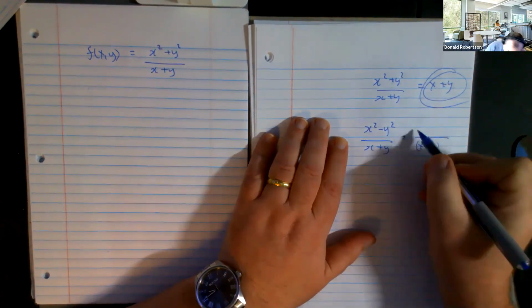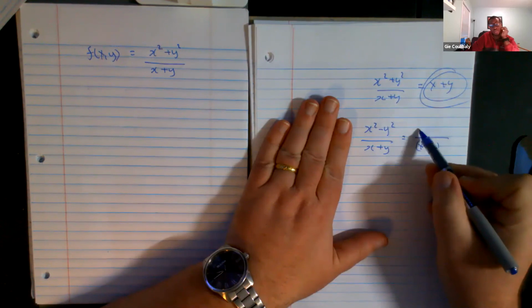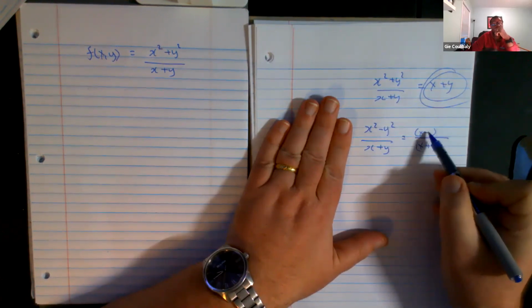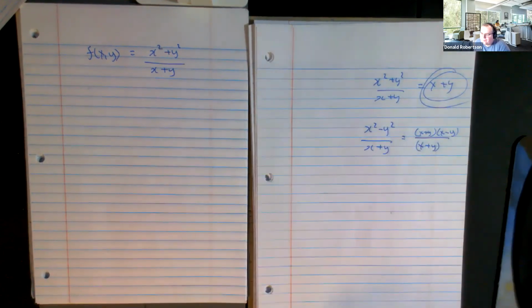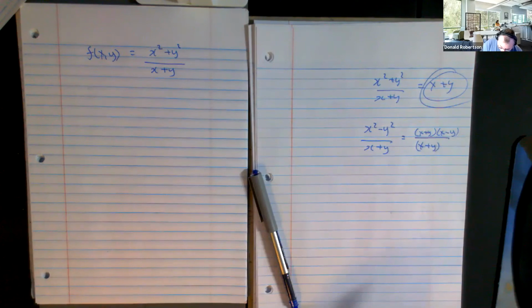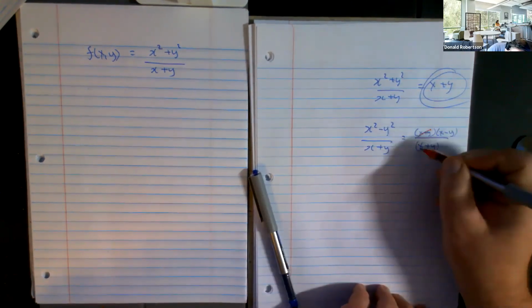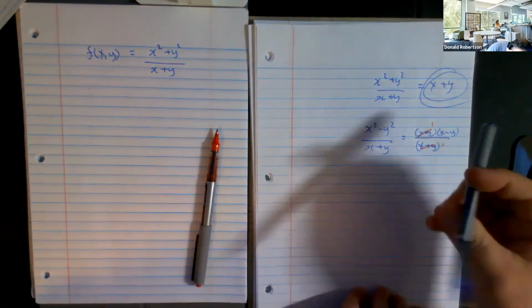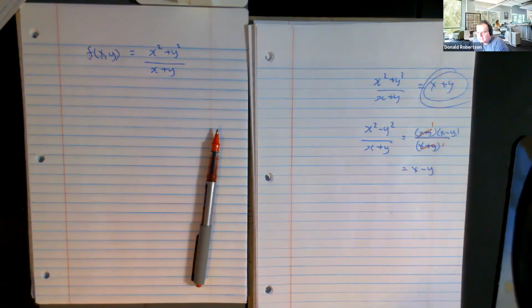How I could factor it? x plus y times x minus y. Now, in this case, aren't these things factors? Yes. And if you are factors, you are allowed to cancel a factor with the same factor. So these two can cancel out. And now the answer is x take away y. And wouldn't you agree that would be very easy to differentiate with respect to x or y?